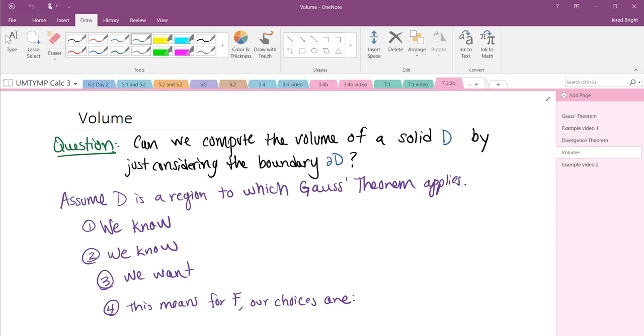That's the idea. Okay, so if we assume that Gauss's theorem applies, here's what we know. This is just using some previous knowledge.